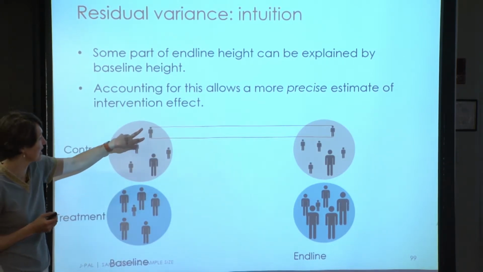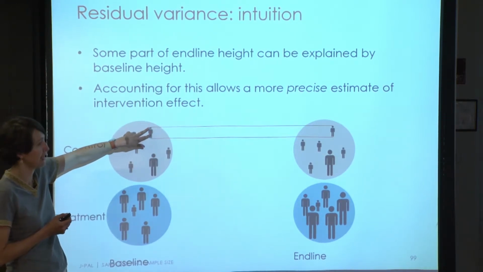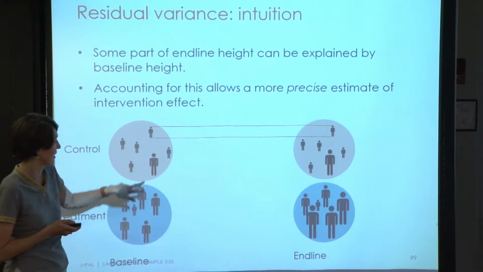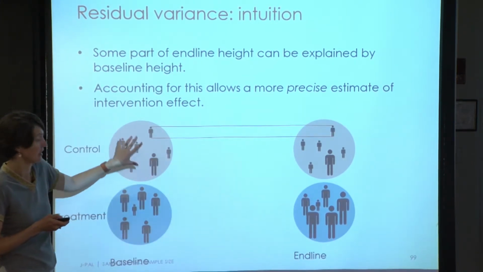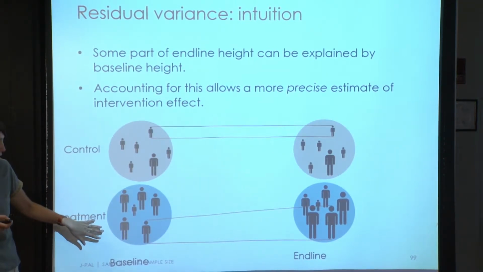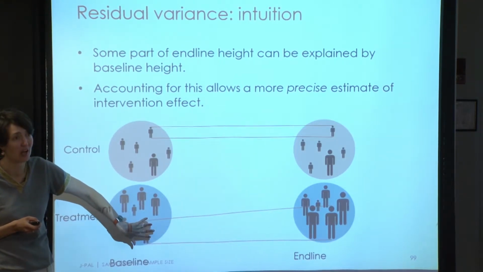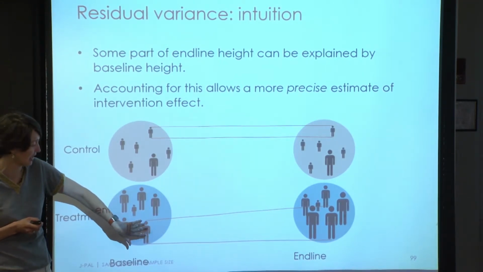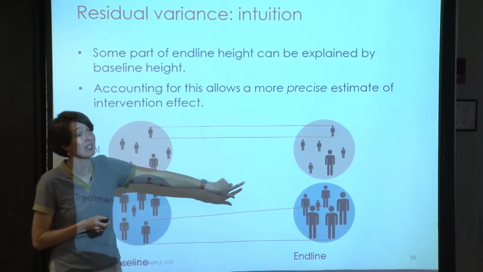And we can see that in the control group, while there's people of different heights, this kid started small, ended small. This kid started tall, ended tall, right? Now in the treatment group, we again control for the height at the baseline, and we see that this kid started quite tall but ended up even taller.